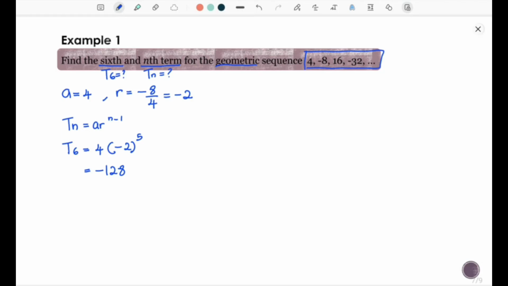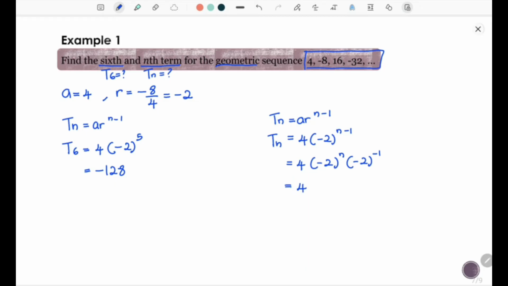Next, we are going to find tn. To find tn, we also apply the same formula, tn equals ar to the power of n minus 1. You can substitute a with 4 and r with -2 to the power of n minus 1. So now we have tn equals 4 times -2 to the power of n minus 1. You need to simplify this, so we have 4 times -2 to the power of n times -2 to the power of -1. -2 to the power of -1 we can write in the form of 1 divided by -2.